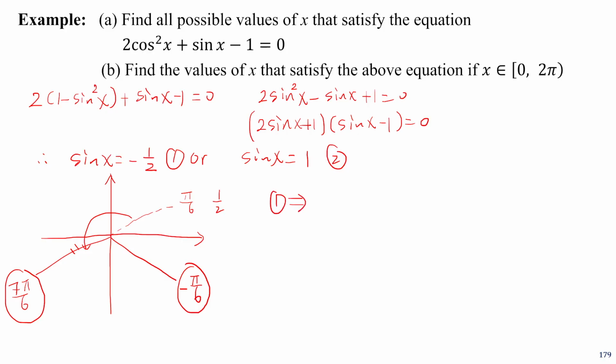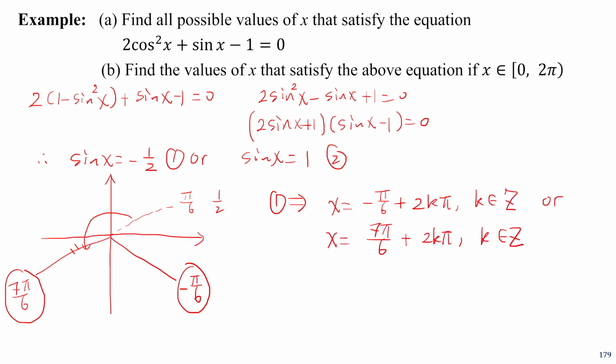So from equation number 1, we get x equals either negative pi over 6 plus 2k pi, where k belongs to the integer set, or x can also be 7 pi over 6 plus 2k pi, where k belongs to the integer set, right?